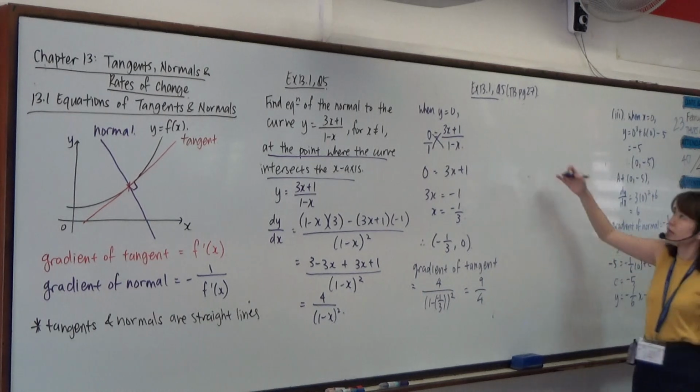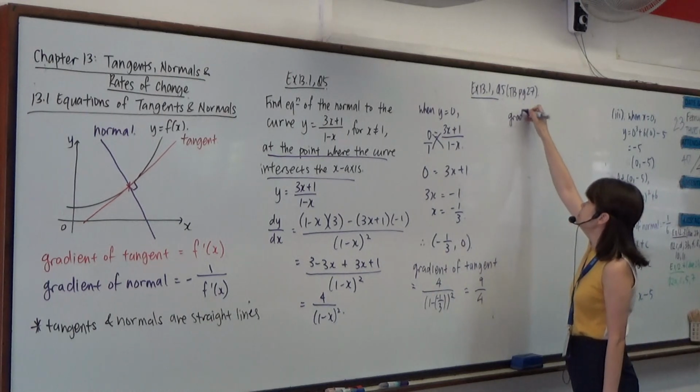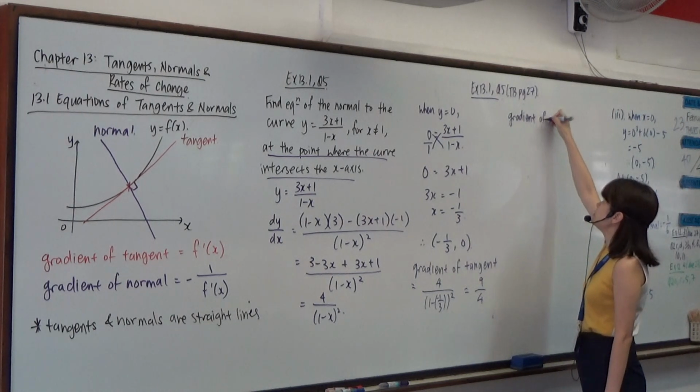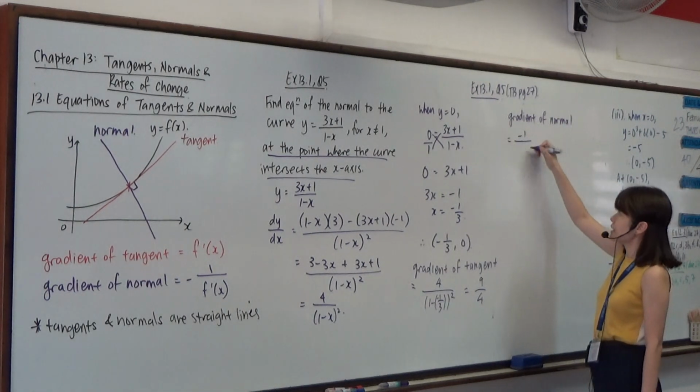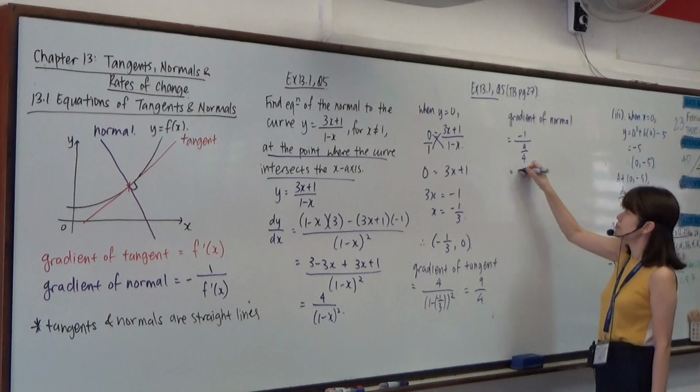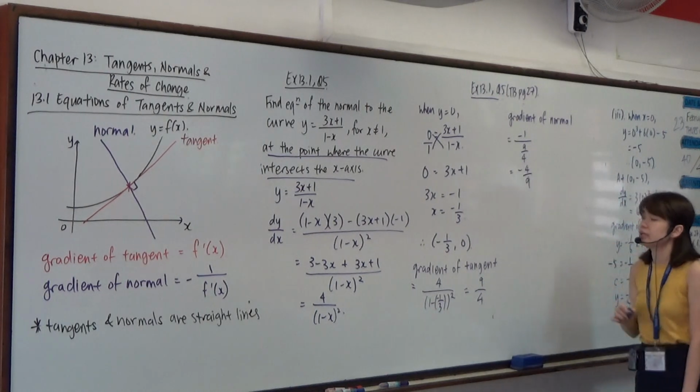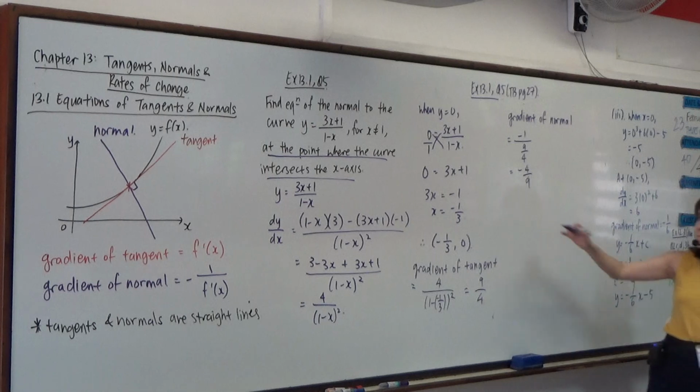Then now we find the gradient of the normal. Negative 1 divided by 9 over 4, that is negative 4 over 9.